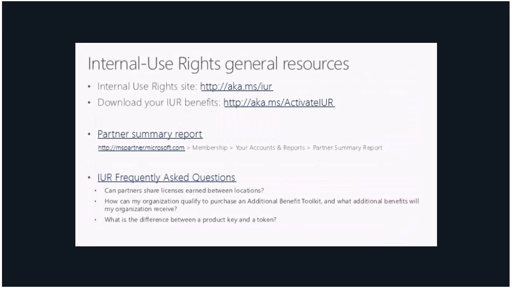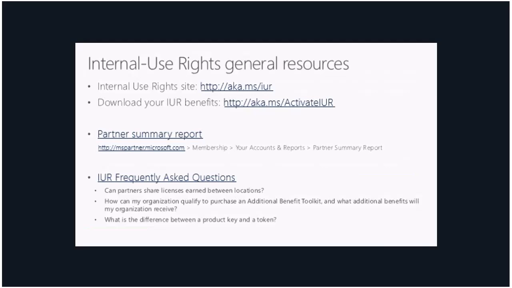Now, some general resources before we move on to the product-specific IUR resources. The internal use rights site is a comprehensive website that tells you how to activate your benefits. It has some valuable guides, including the frequently asked questions guide, where questions like, can partners share licenses earned between locations?